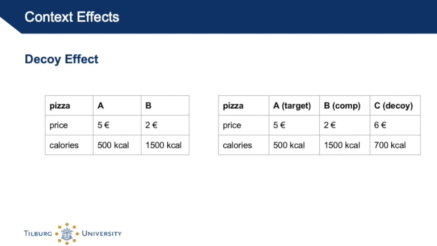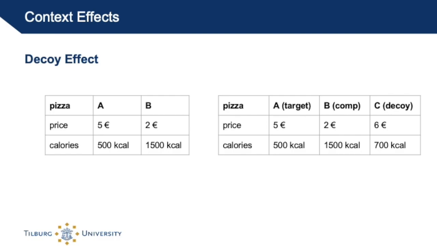And therefore, if we wanted to boost the sales of pizza A, our target pizza, then we could include pizza C in the menu as a decoy, and pizza B wouldn't get as many picks or purchases because as a comparison pizza, it only dominates pizza C in one attribute, which is the price.